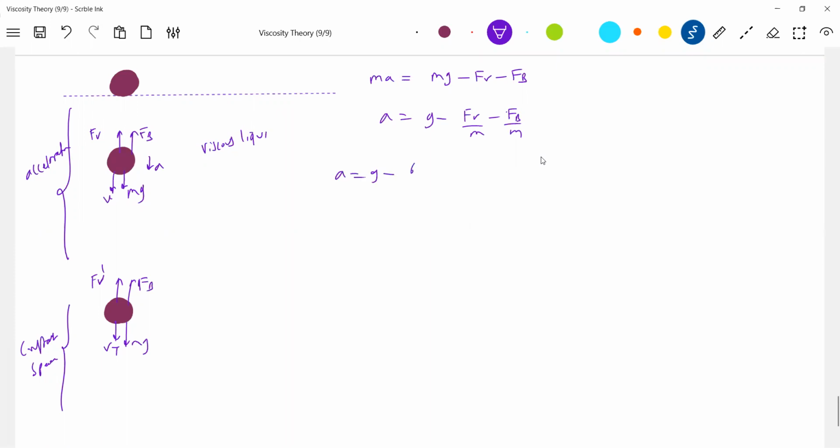Further, g minus 6 pi eta r v, and the buoyant force should be, let me write it, sigma 4 by 3 pi r cube rho g, divided by sigma 4 by 3 pi r cube. a equals g minus 9 eta v by 2 sigma r square, minus rho g by sigma. Okay, I'll do one thing. This is g.